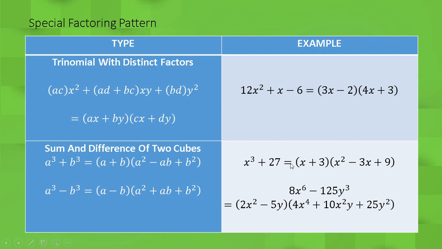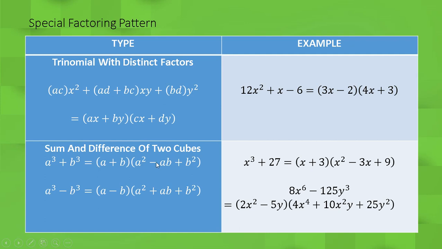Okay? Example, x cubed plus 27. This is x plus 3. What is the cube root of x cubed? Cube root of x cubed is x, and cube root of 27 is 3. That's why we have x plus 3, and then 3 squared, x squared minus 3x plus 9.